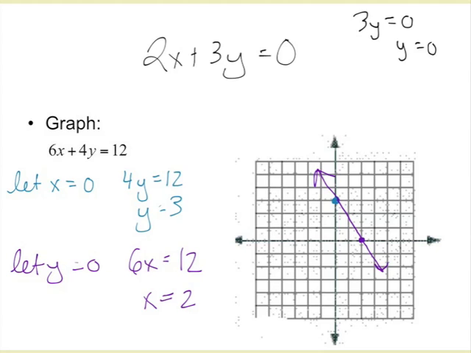So if you have it in standard form but it's equal to 0, you're going to have to solve for y and do slope-intercept form. Because the x-intercept and the y-intercept are actually going to be the same. They're both going to be the origin. So that's not going to work out for you there. So that's one special case where you can't do your cover-up method because you'll only get 1 point. Okay?